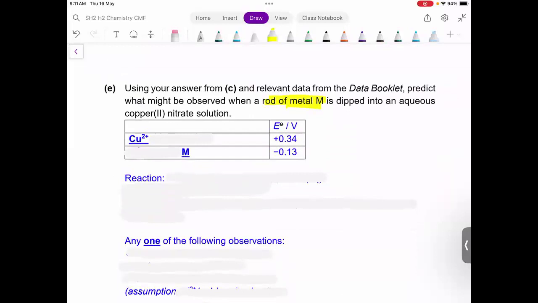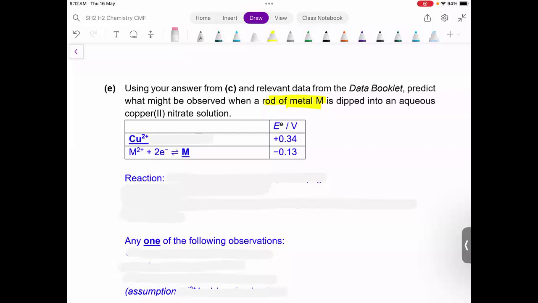without the M2+. So recognize that the metal M can only undergo oxidation. Metal can only undergo oxidation, right? So this metal M must appear on the right side. Okay, and the reduction potential is obtained from answer C. So this is what you should make use of from your part C. M2+/M standard electrode potential is negative 0.13.